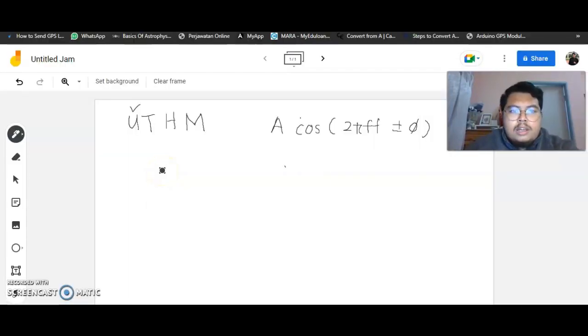Okay, firstly I would like to explain how we get the equation to be interpreted in MATLAB. We are referring to this equation, which is A cos 2 pi ft plus or minus the phase. Now we are referring to the table that has been given to us.